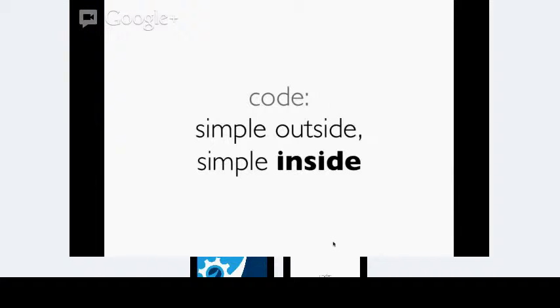Because the first thing a developer does when he wants to contribute something is he opens the code of the project and reads it. And if it's too difficult to understand, if it's not simple enough, he will simply be afraid to go further and contribute something.